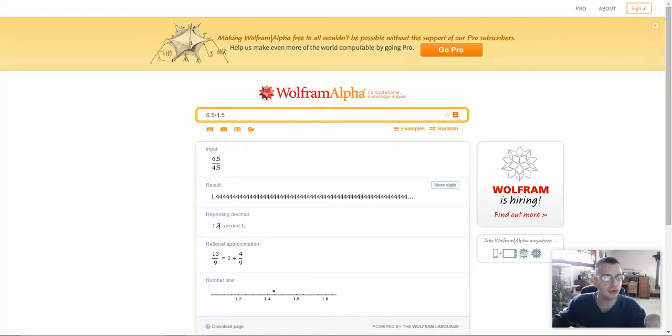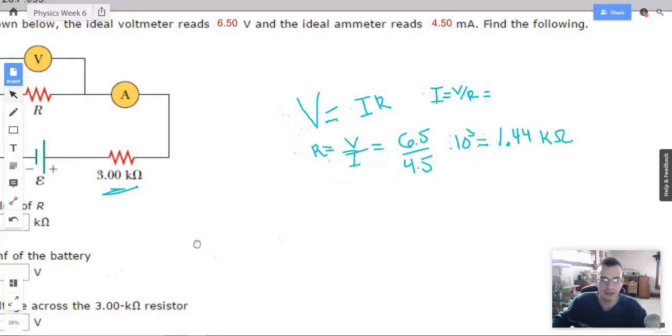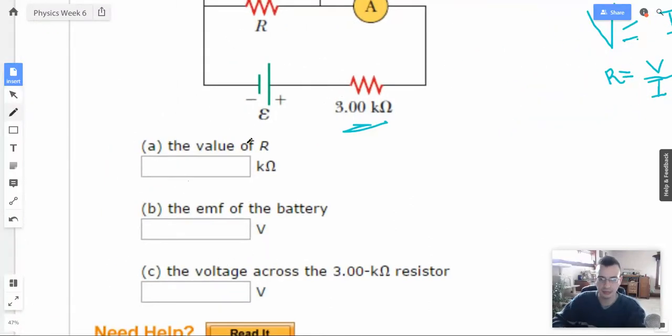So I'm going to call it 1.44, and this will then be kilo ohms, which is why I took the 10 to the third and left it off the side like there. Okay, 1.44. I'm just going to write this up here, 1.44 kilo ohms.